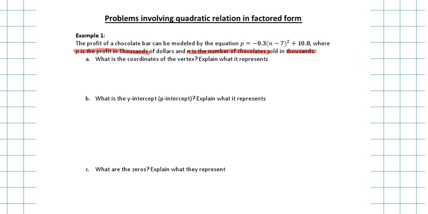N is the number of chocolates. Imagine it with me. Close your eyes if you want, and imagine. What does that vertex represent?